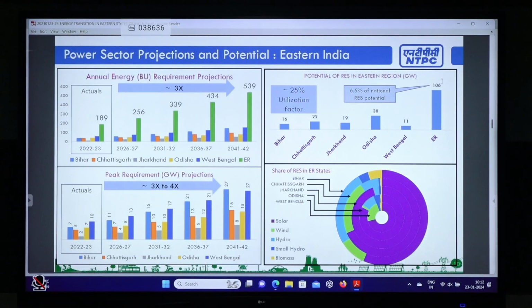By 2050 we need about 50 to 60,000 billion units of electricity. At present we are at 12,000 to 13,000. So the remaining 50,000 billion units has to come from low carbon sources.